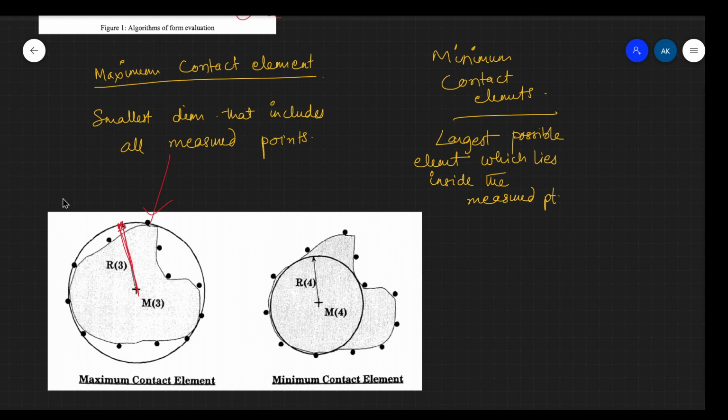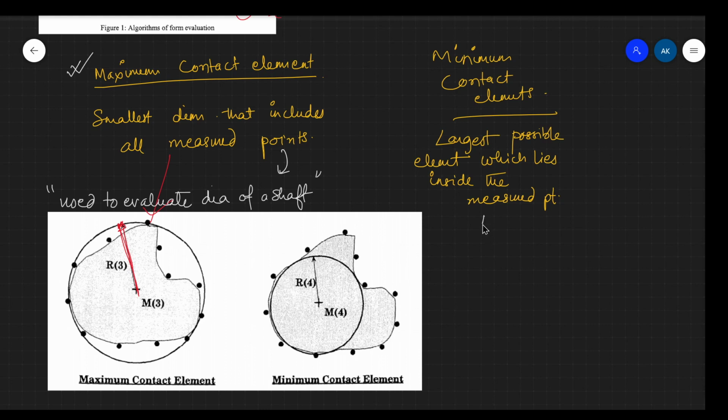Okay. Now this is a very common method used to evaluate the dia of a shaft. So the strategy of maximum contact elements becomes important.